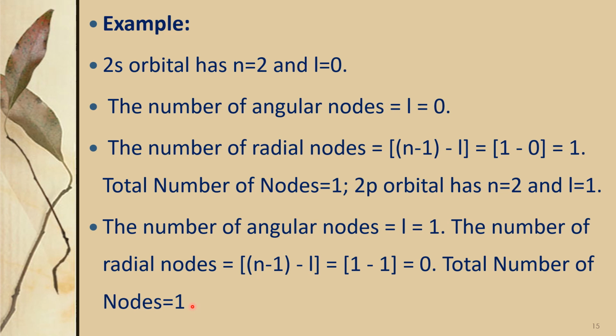So in that 1s orbital of the 2 electrons, one is a plus spin, one is a minus spin, or one is a spin up, one is a spin down, or in another way one is anti-clockwise, other one is clockwise. So in every orbital there are 2 electrons with opposite spin. So keep this in mind. Spin is not shown here, but spin is shown when you start tomorrow's class.